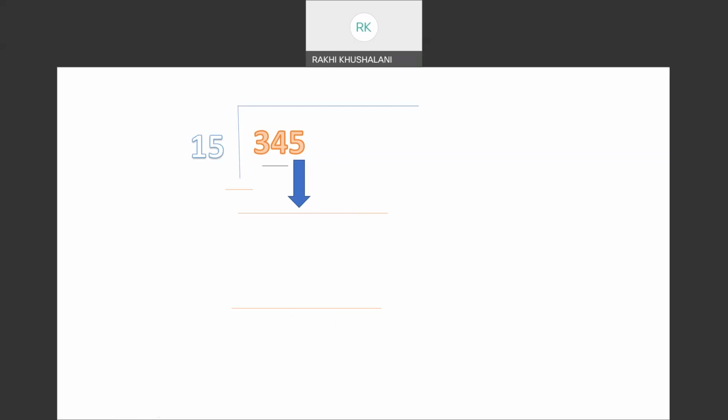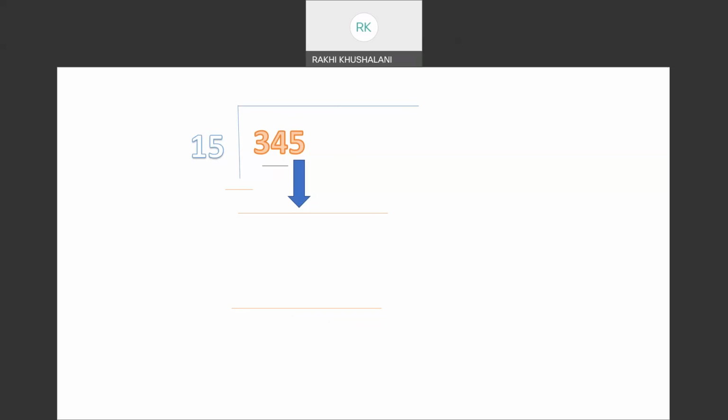Do you remember the 5 steps? Compare. 34 is bigger than 15. So division is possible. Divide. How to divide? We have to divide by first checking the multiplication. Third step.